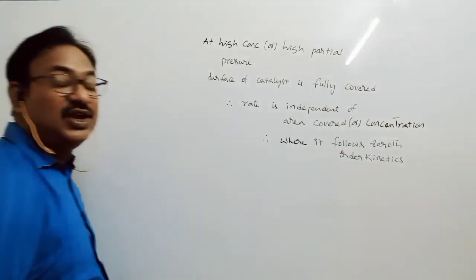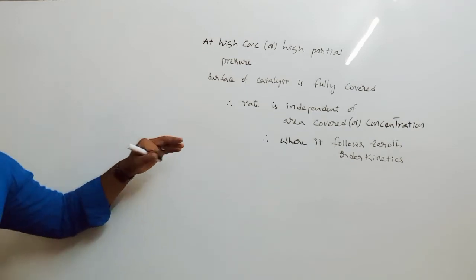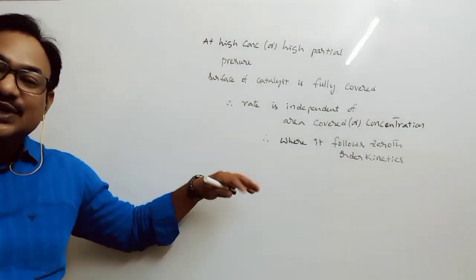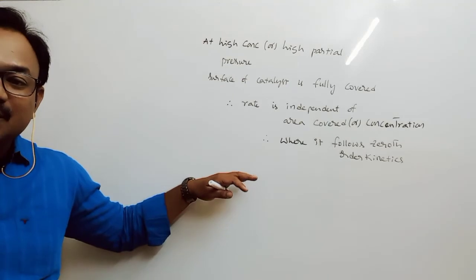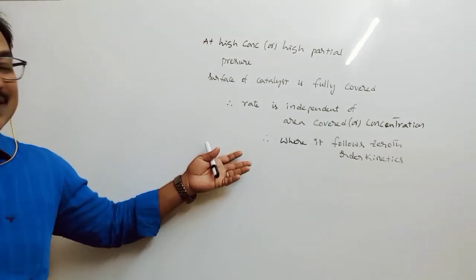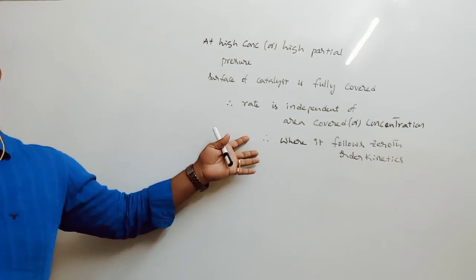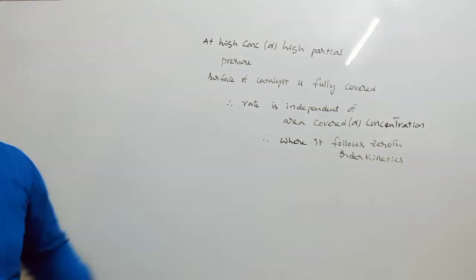Have you understood? Once the surface area is fully covered, however much concentration or partial pressure you add, rate is independent of area covered, concentration or partial pressure. So at this condition, the equation follows zeroth order kinetics.